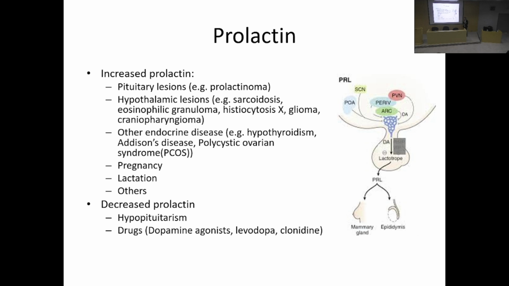But also bear in mind that there are normal physiological conditions associated with high levels of prolactin. Pregnancy. Pregnant women have higher levels of prolactin because they are preparing to synthesize milk. And in fact, towards the end of the pregnancy, many women can start producing milk, even before the baby arrives.